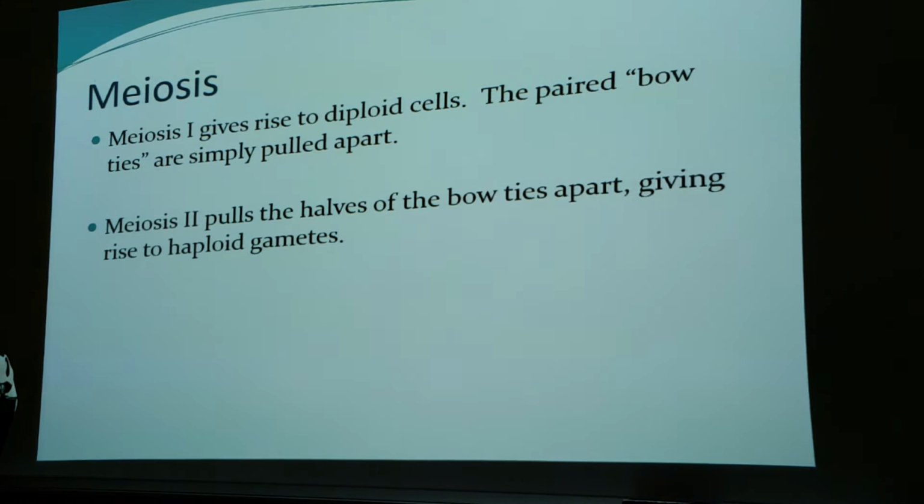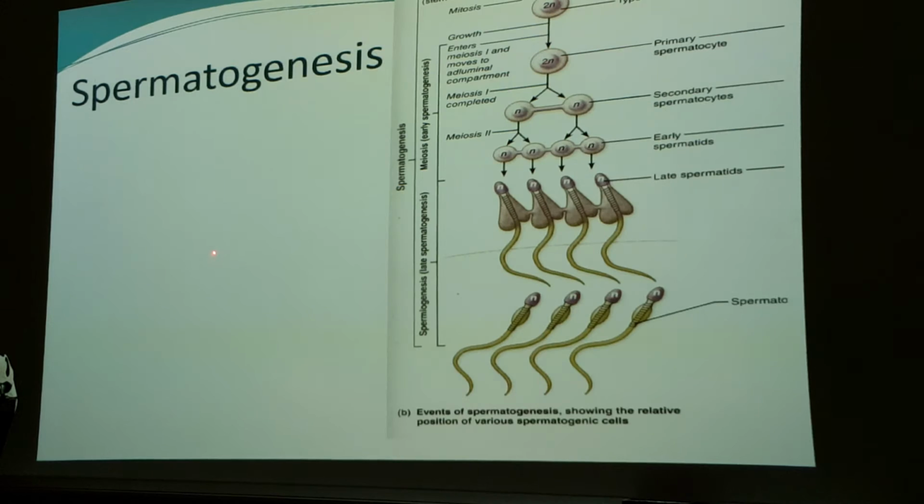So meiosis is a very special form of cell division where you have this gene shuffling going on, and it goes around twice, meiosis 1 and meiosis 2, and you start with 1 cell and you wind up with 4 haploid gametes.